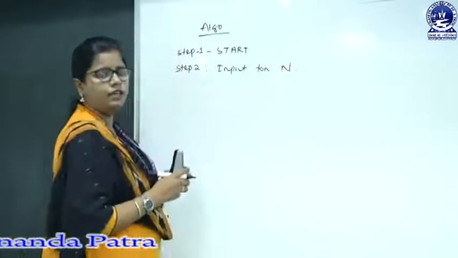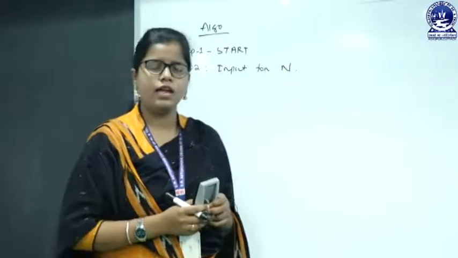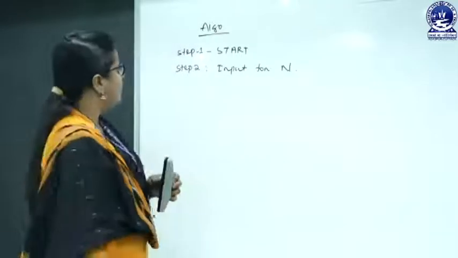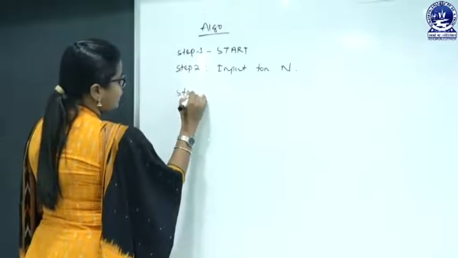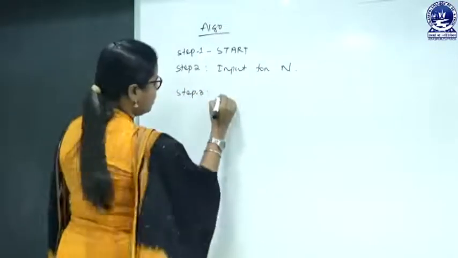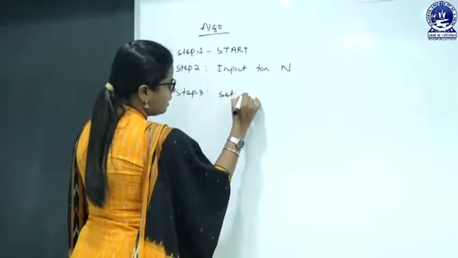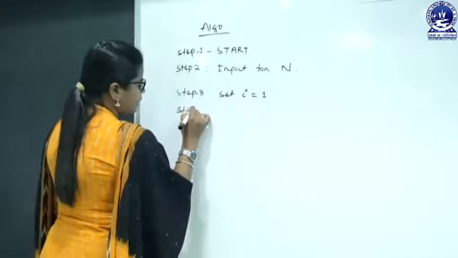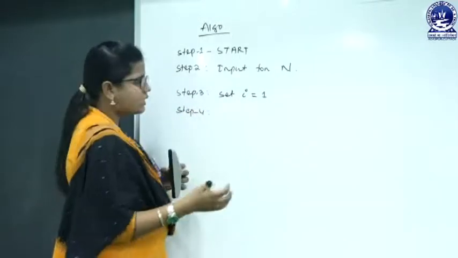So what is the n here? N will be given by the user, and for the n we have to print the multiplication table. Then in step 3 we have to initialize a counter variable. So set I equals to 1. In step 4 we have to start our loop.